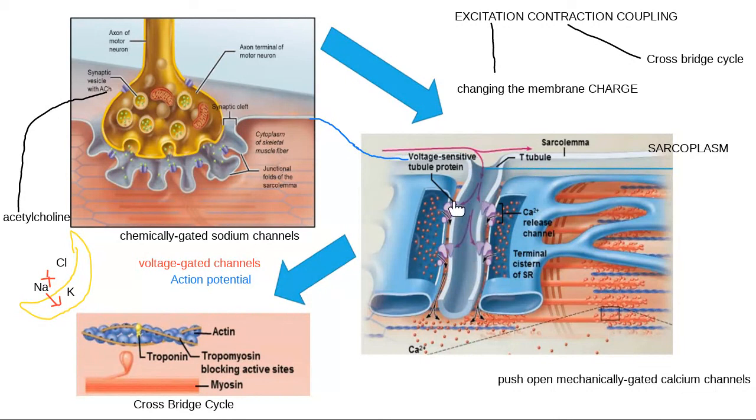That message causes the voltage sensitive protein to change shape, which causes it to push on my mechanically gated channel, which causes me to spit out my calcium into the cell. Yeah, so the voltage sensitive protein is in the T tubule, but the mechanically gated channel is in the sarcoplasmic reticulum. Exactly.